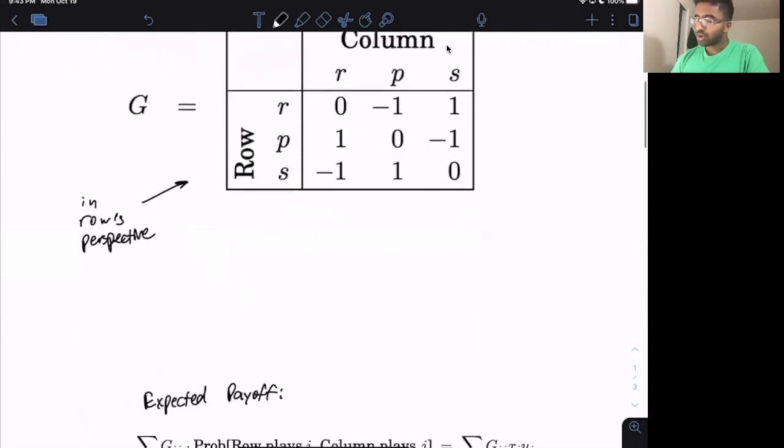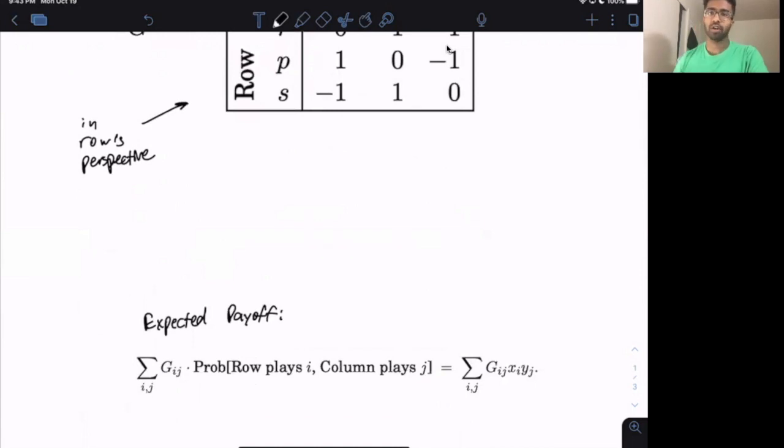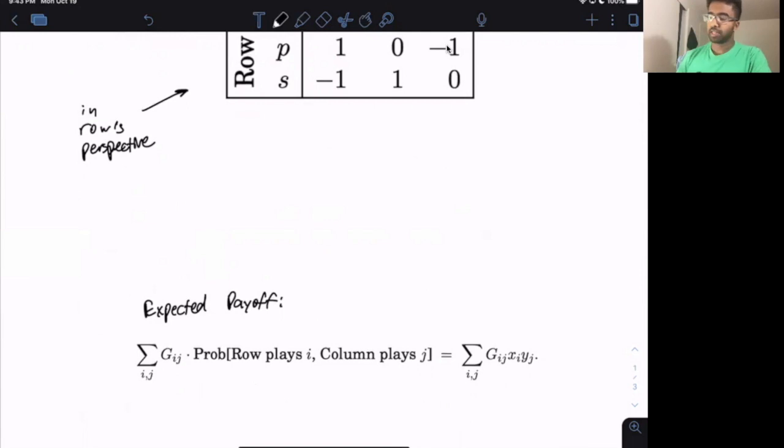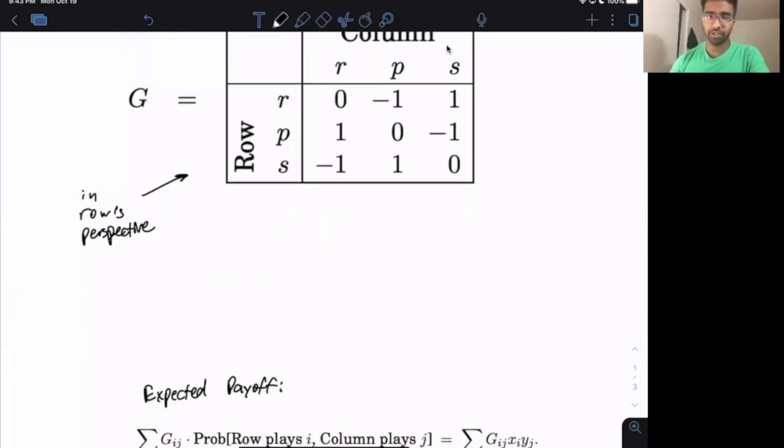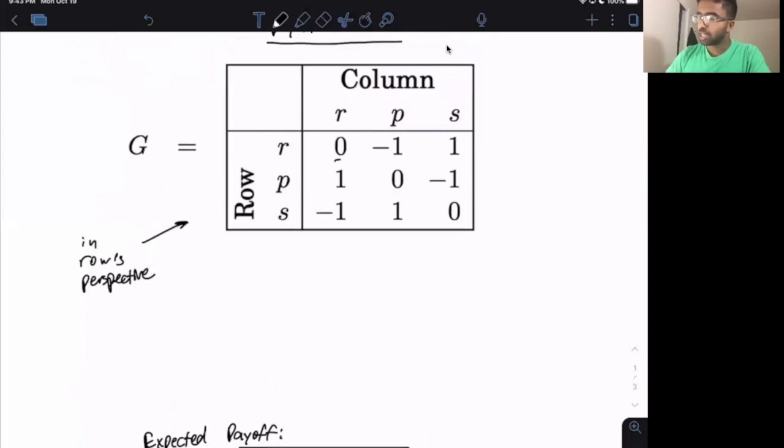And so the expected payoff, or the expected winnings, is we just take an expected value over each element in the matrix, right? So for this element, it's basically what's the probability that column plays a rock times the probability that row also plays a rock times the winnings that we get from that outcome. And we do that for every single element in the payoff matrix.